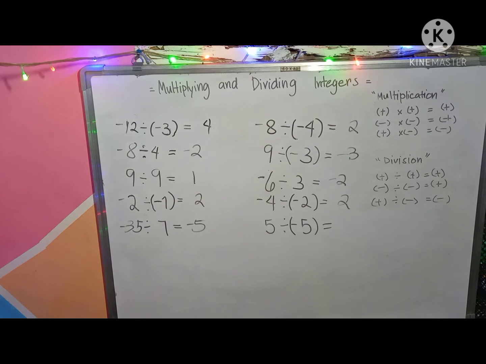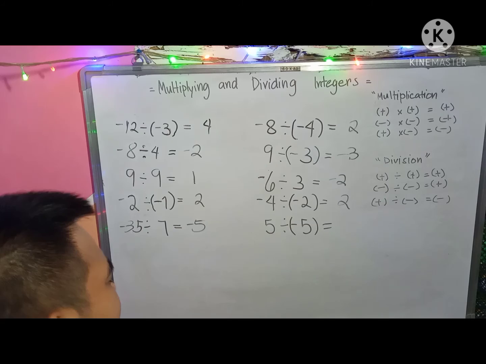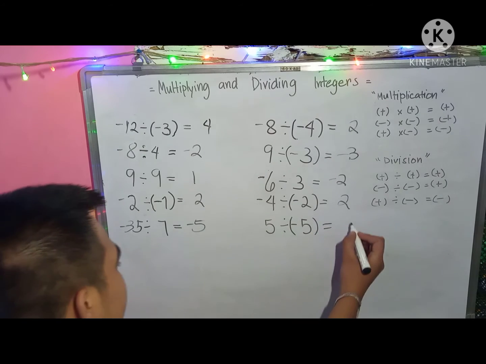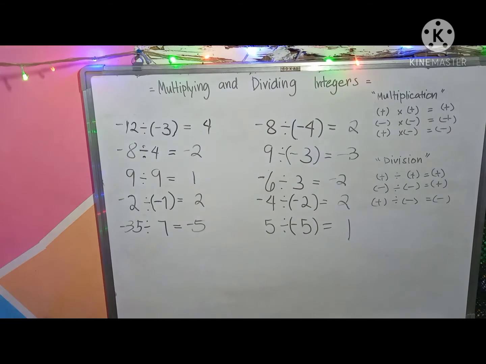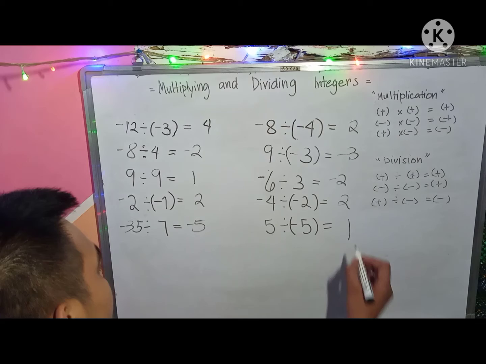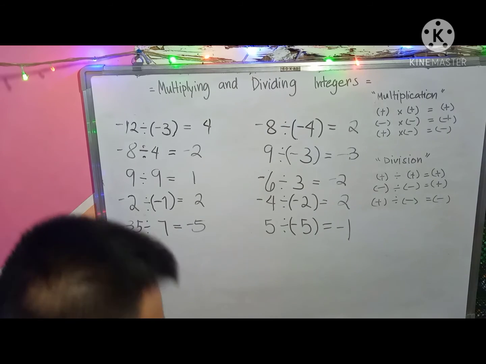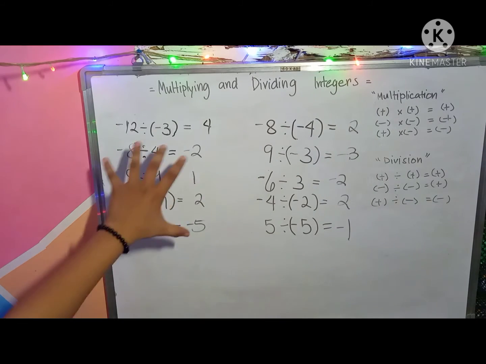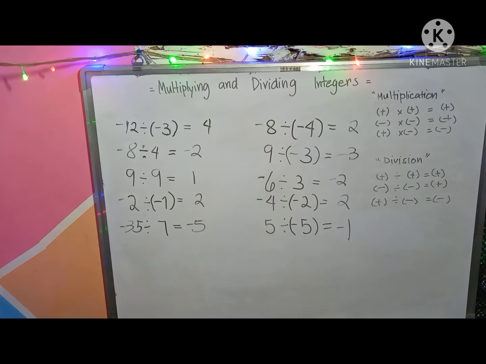Next, the last example. 5 divided by negative 5. So 5 divided by 5 is equal to 1. One is positive, one is negative, so unlike sign sila. Kapag unlike sign, our quotient will be negative. Those are our examples for division.